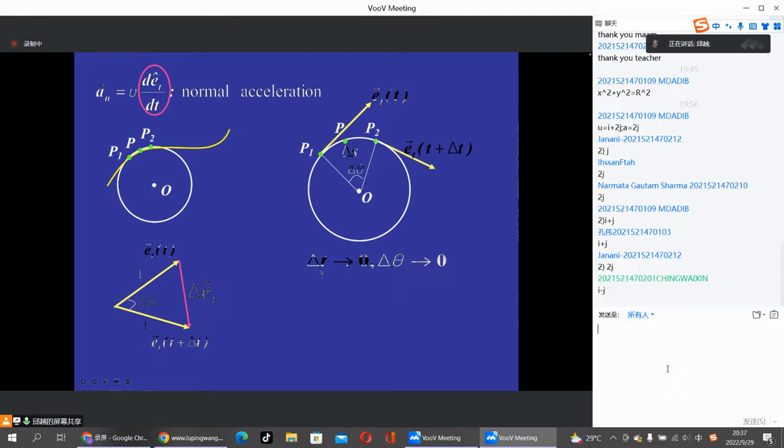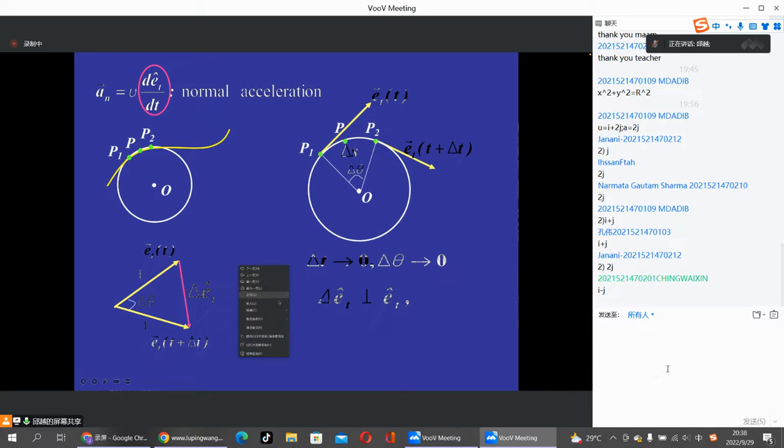And when delta t is very, very close to zero, delta theta is very, very close to zero, right? And when delta theta is very close to zero, we know what?